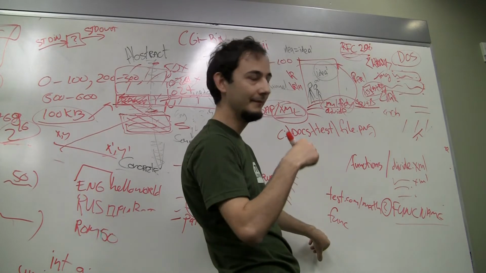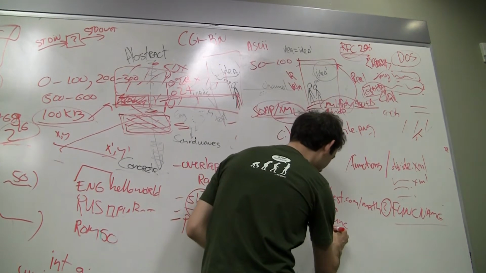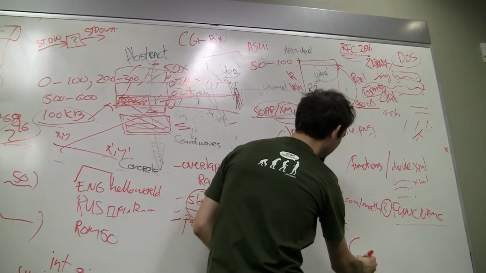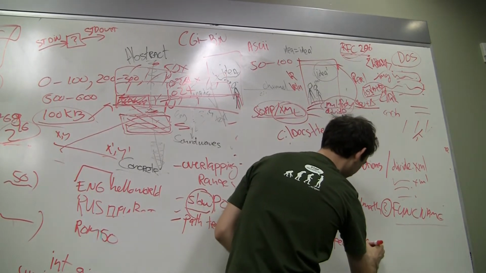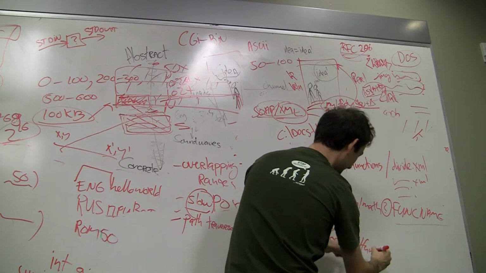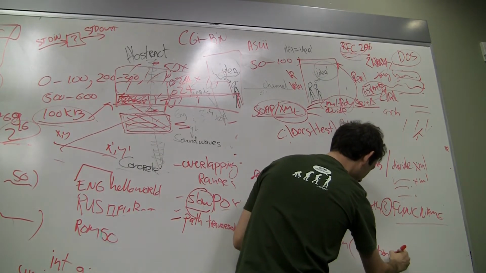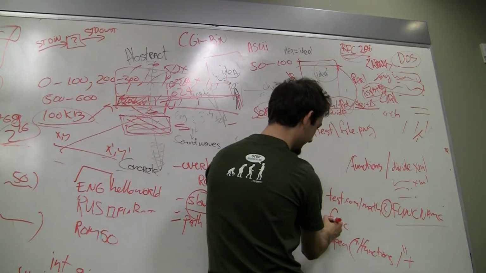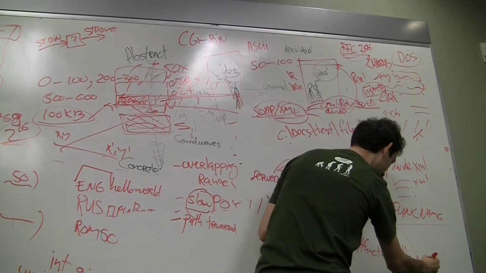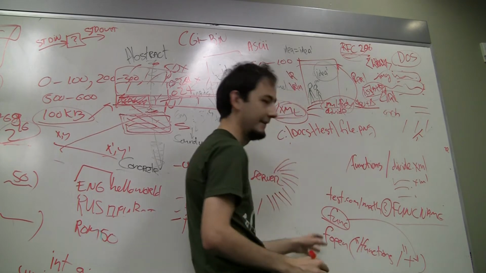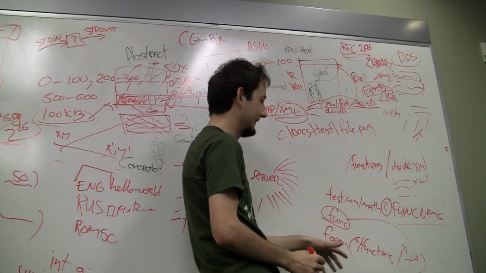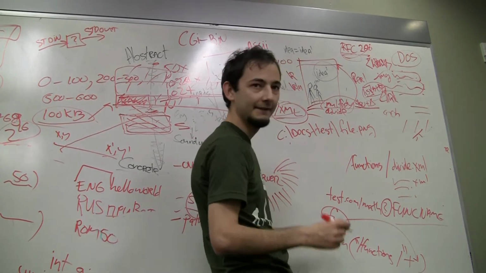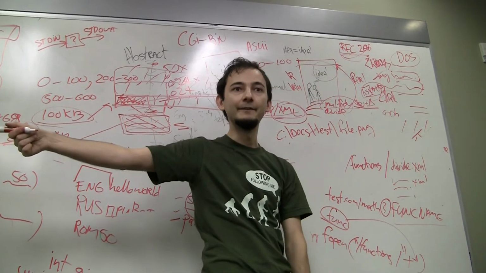Then it would do this: fopen, so this is a string, functions slash plus this thing here, then read it into some buffer and send that buffer to the client.